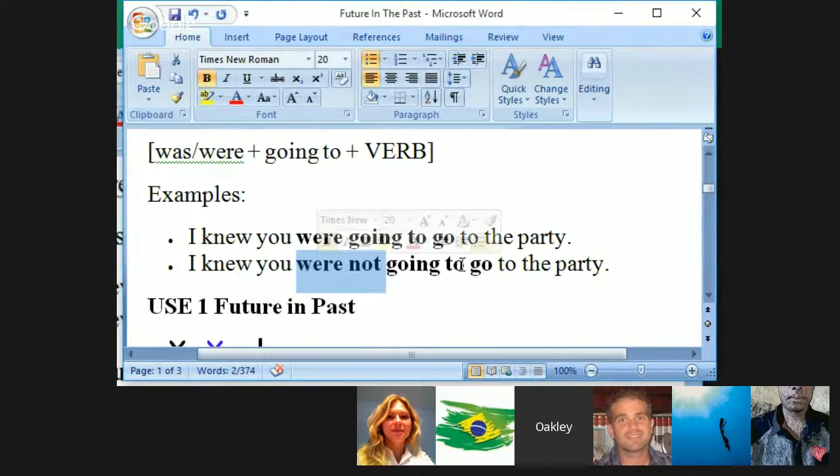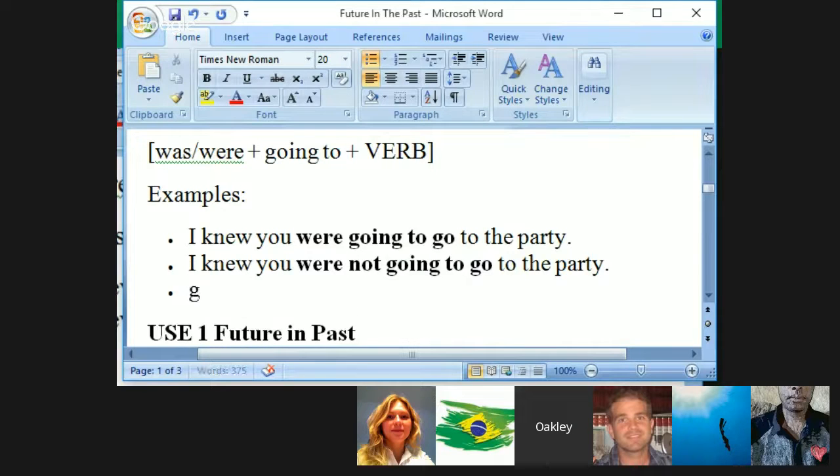And even, for that matter, I knew you weren't gonna go to the party. When you're following going to with a verb, it's very common to use the reduced form, which sounds like gonna. Very common in spoken English. Very normal and quite acceptable. All right.